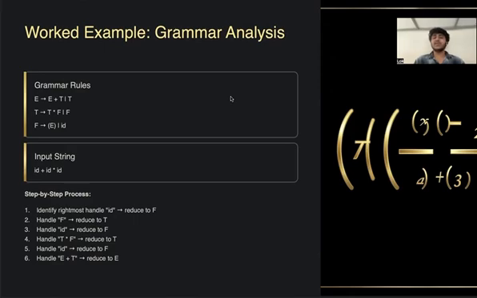In the first step, id is reduced to F, and in the next step, F is reduced to T, and next id is reduced to F, and next T * F is reduced to T. In the final stage, id is reduced to F and then E + T is reduced to E. At the end we get the start symbol E, which means the string is valid. This clearly shows how handle pruning works step by step.